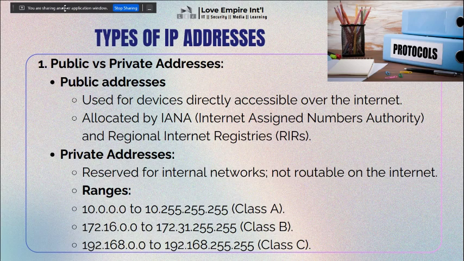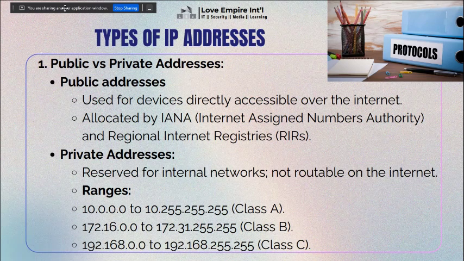So the first category of classification of types of IP addresses is public versus private IP addresses. There are IP addresses that are public, and there are IP addresses that are private.